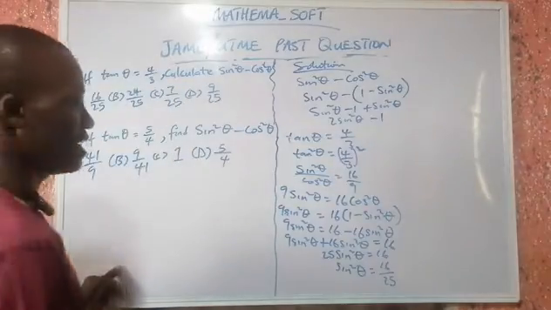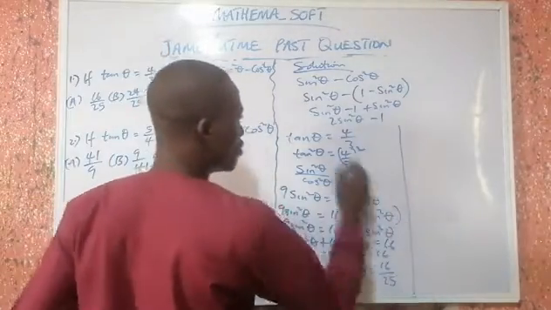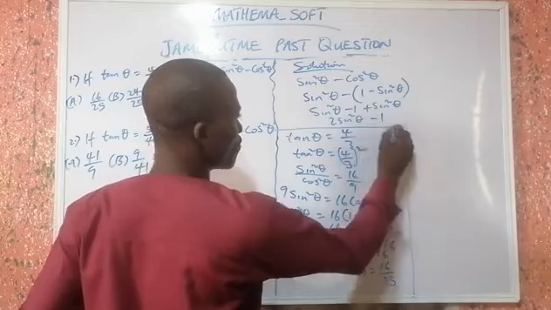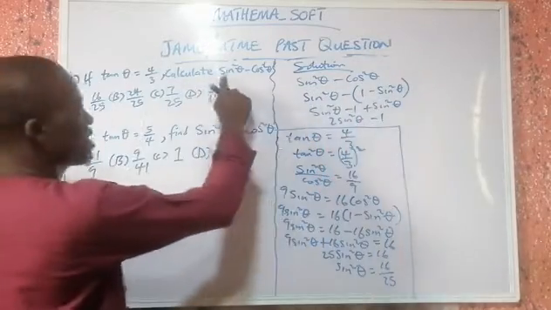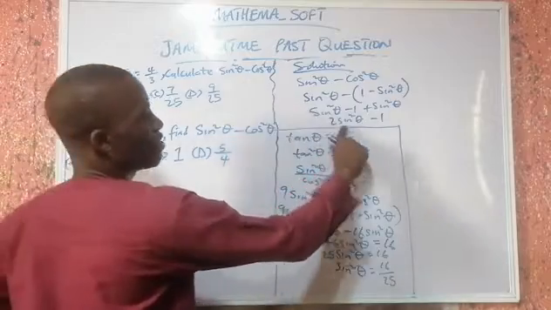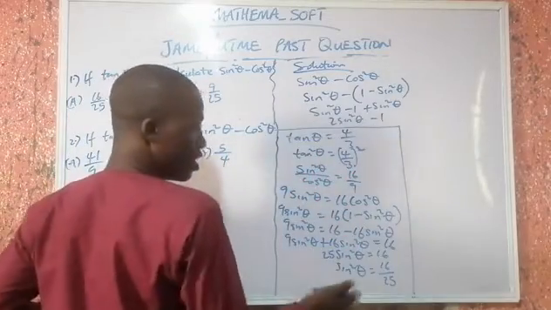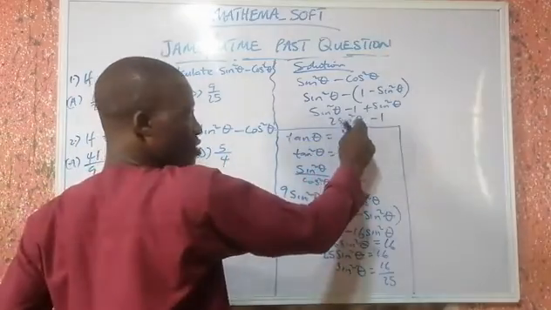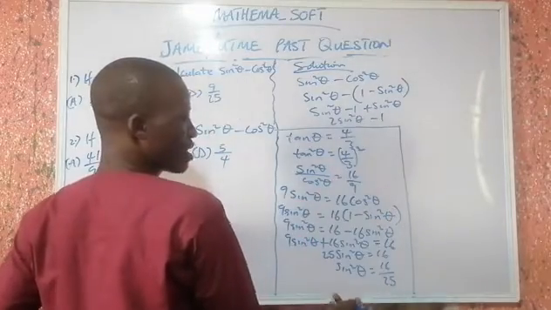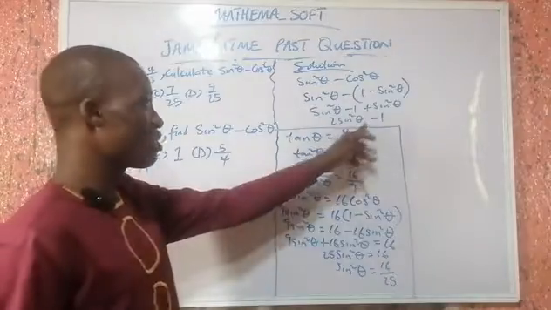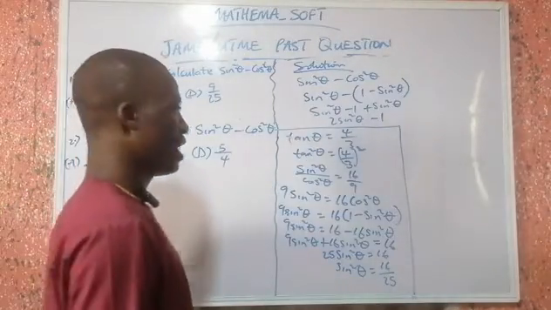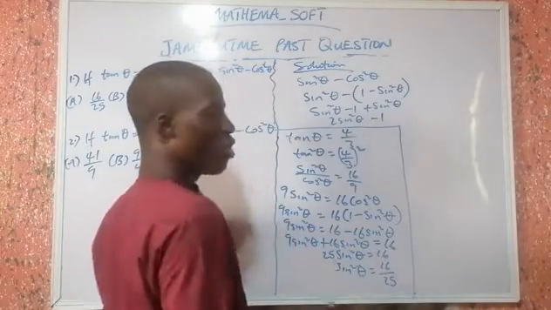So what they want us to find is sine squared theta minus cos squared theta, and we have reduced it to something like this. If I had not reduced it, when you are done with sine squared theta, you would have to go through the stress of getting your cos square theta also. But by reducing it to this one, I've shortened the work that I need to do.